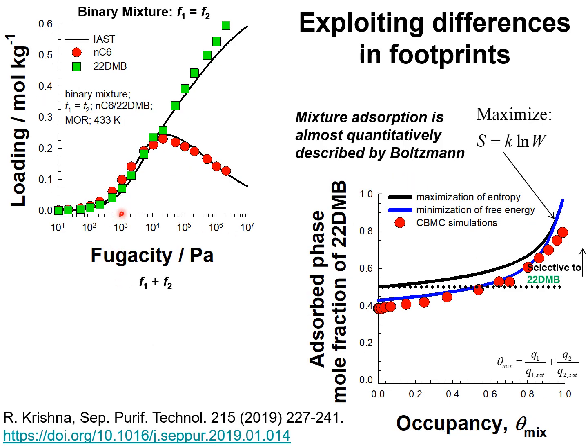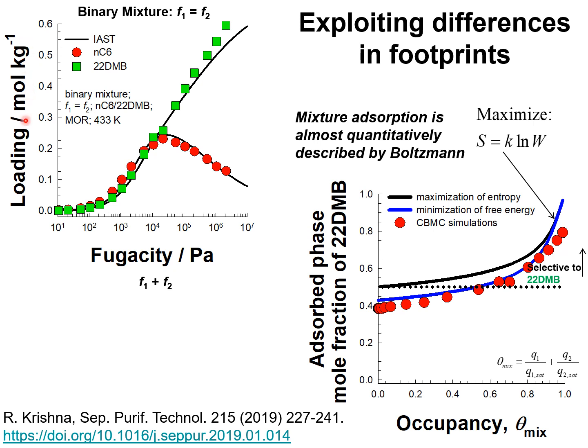In order to demonstrate the exploitation of differences in molecular footprints to effect separations of hexane isomers, configurational bias Monte Carlo simulations were conducted for a binary mixture of normal hexane and 2,2-dimethylbutane, in which the partial fugacities of the two components are maintained equal to each other.